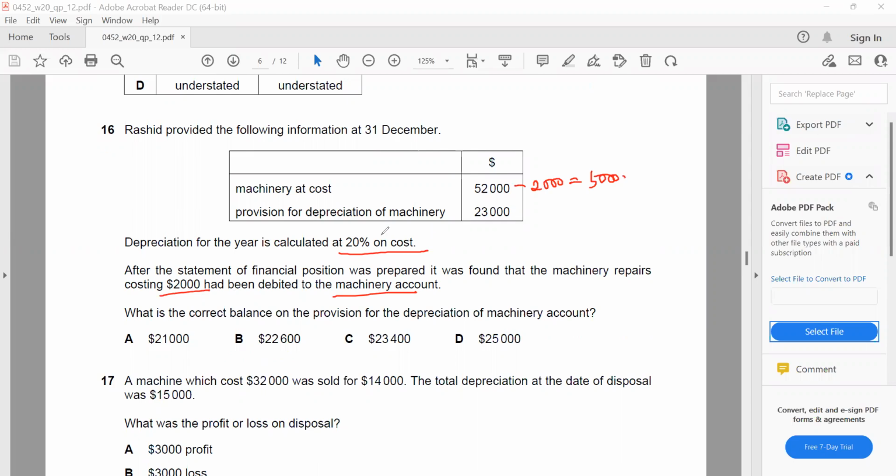So if I take 20% times this one, 52,000 times 20%, I get 10,400. But if I take 50,000 times 20%, I get 10,000.